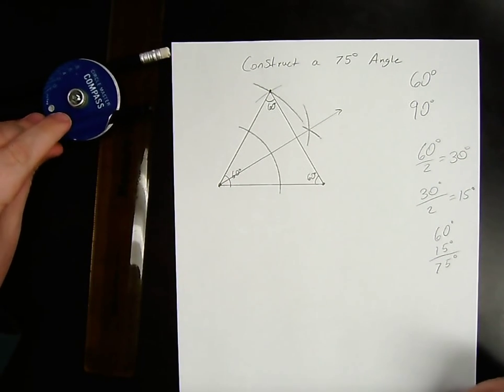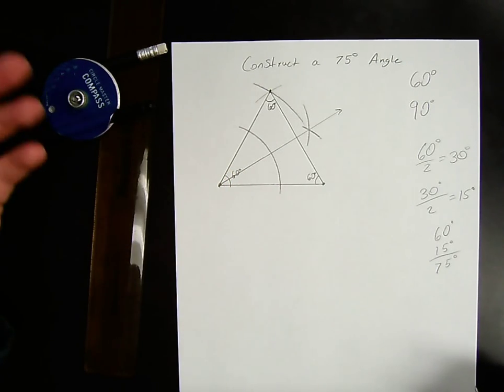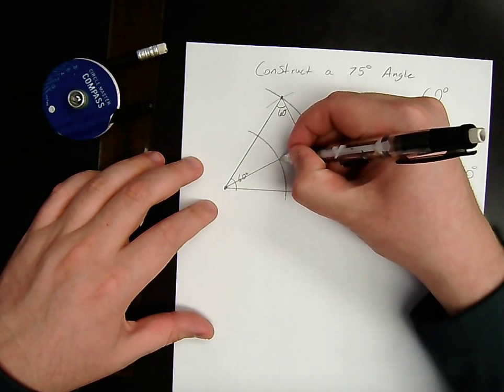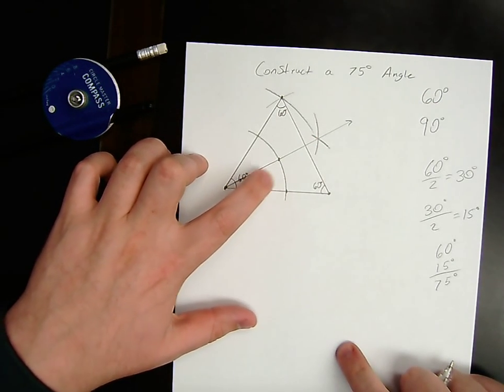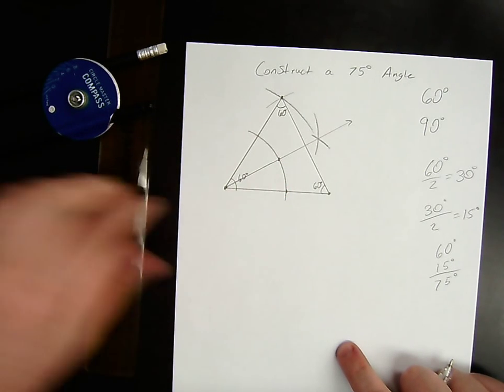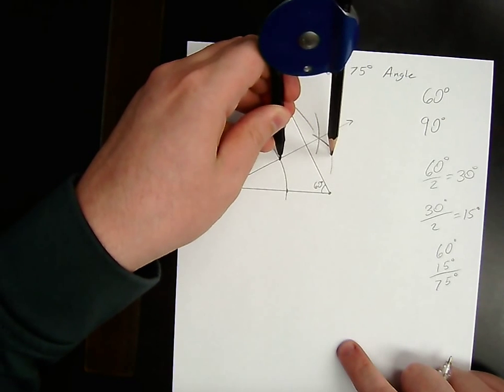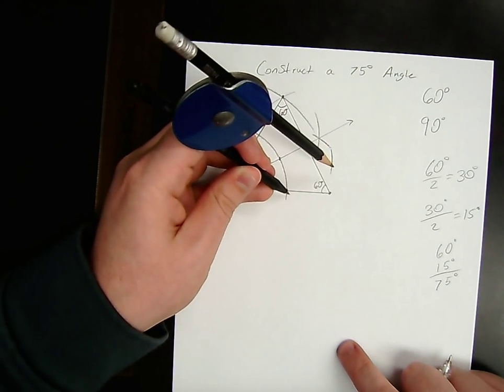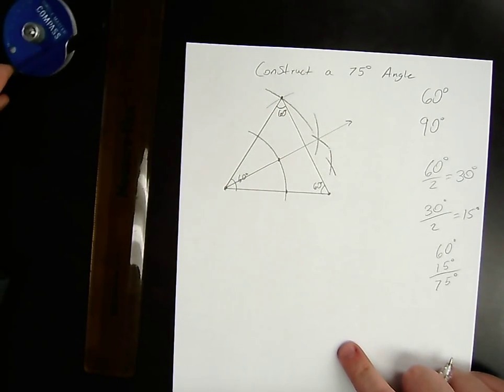Now, what I want to point out is I can start off the construction the same way and go through all the steps, but I've actually already made an arc that intersects twice. If you look, on this 30-degree angle, I already have two endpoints I can use. So just to save myself some time, all I need to do is the overlap now out here that's going to connect to the vertex. So there's some little shortcuts along the way that you can do with some more complex constructions.